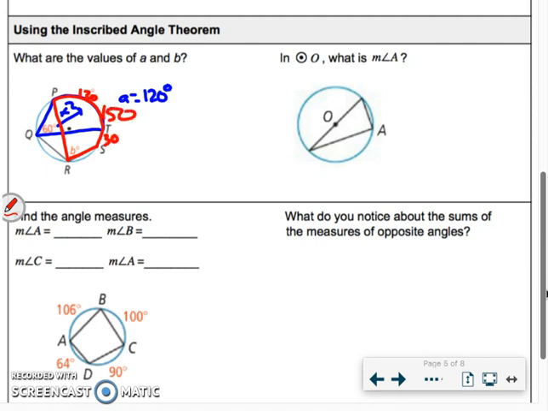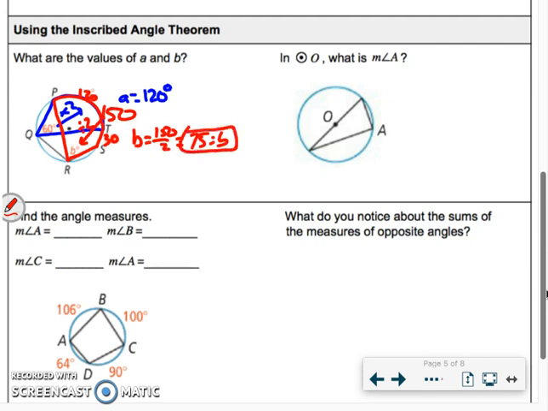All right, and I need to go from outside back inside. So I need to take half of that intercepted arc. All right. So if I'm working from the inside of the circle outward, I'm going to multiply by 2. If I'm going the opposite way, if I have the arc and I need the angle, I'm going to divide by 2. So B is 150 over 2, which is 75.